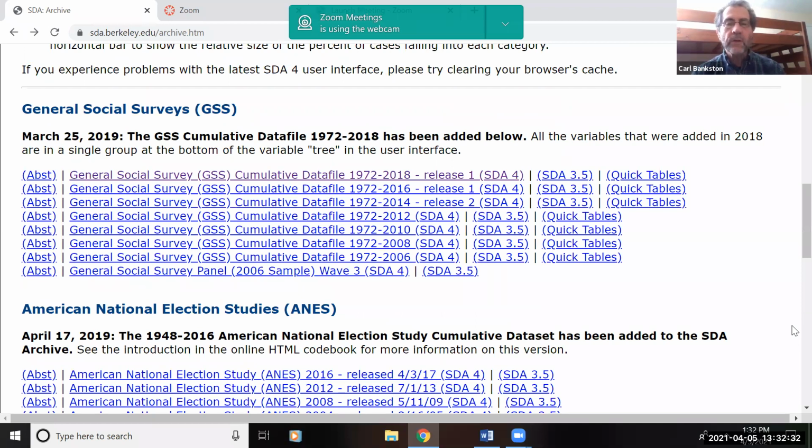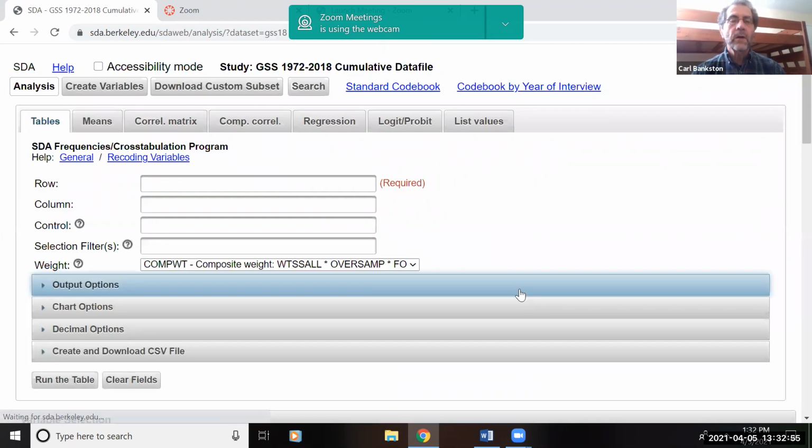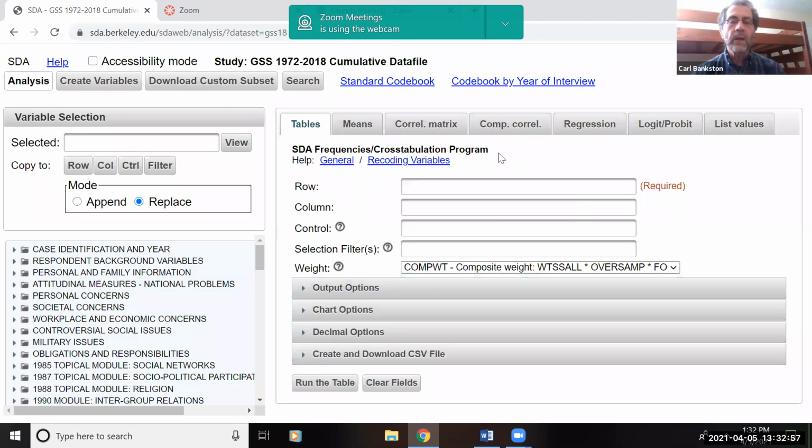But to get to the General Social Survey, the best site to use is the SDA4 cumulative data file 1972 to 2018. And if you click on that, that will take you here, which is where you do your data analysis.